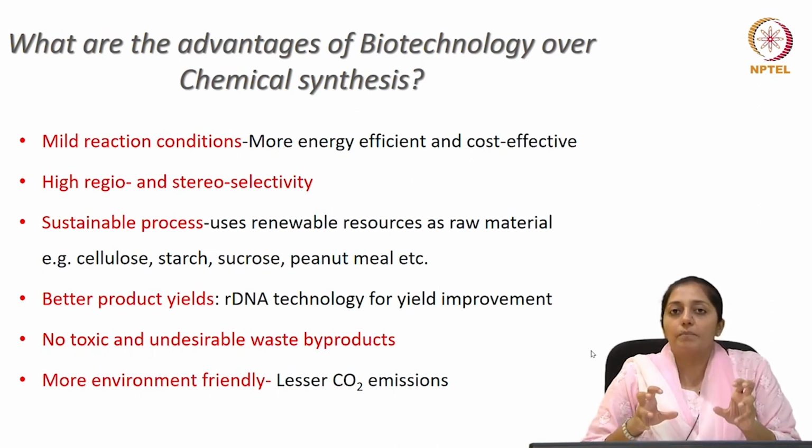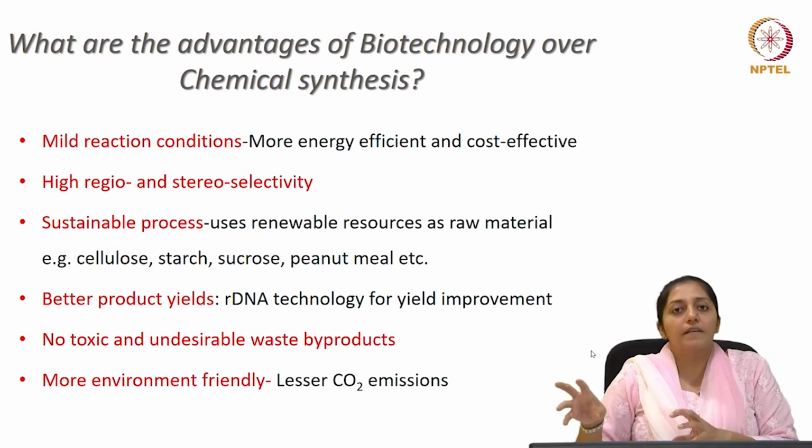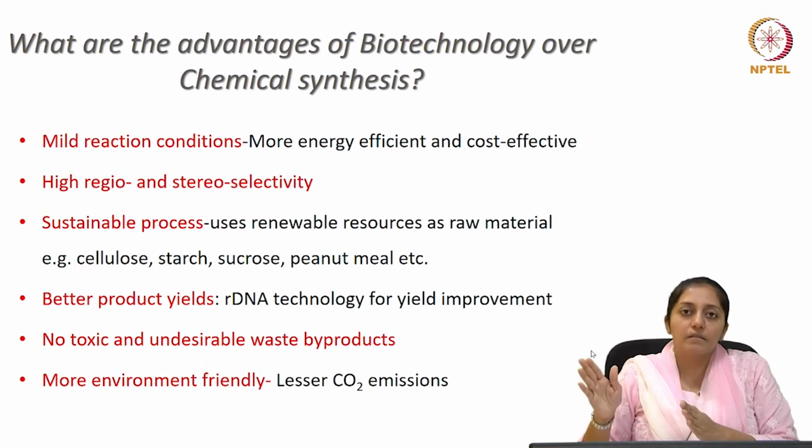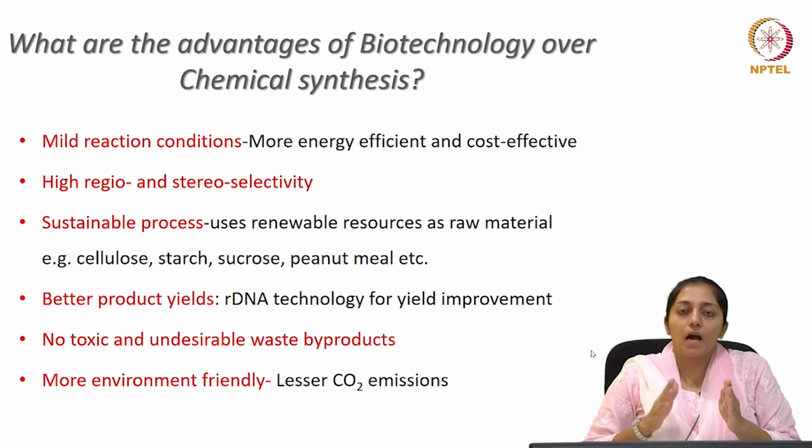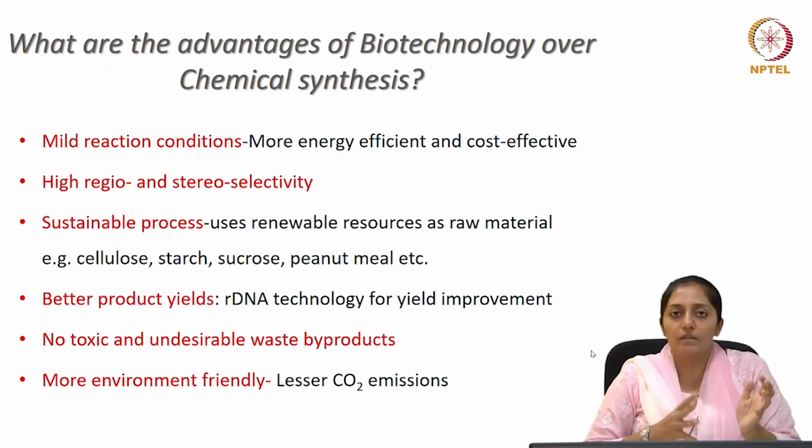So that's one example where if a natural or biological reaction is carried out, it can result in desirably producing the right isomer of the product. However, in chemical reactions, there is less control over the kind of isomer which can be obtained.